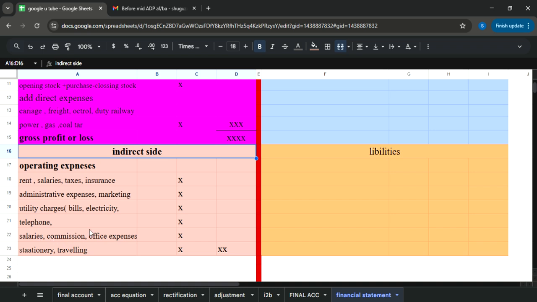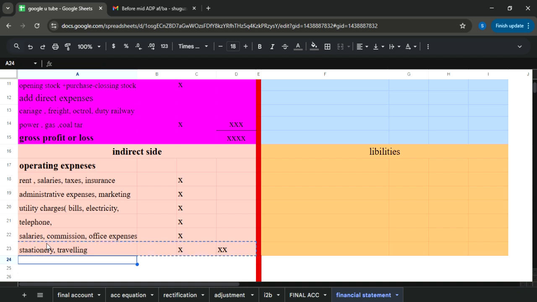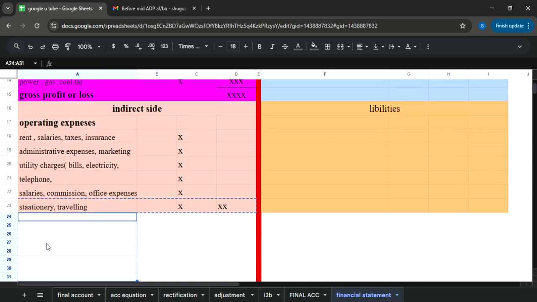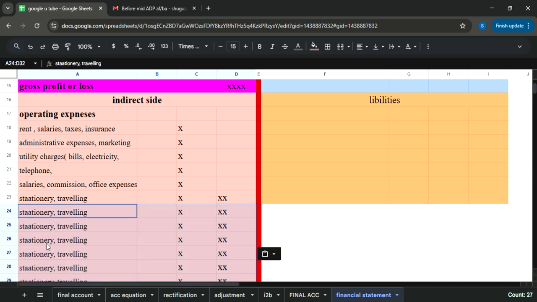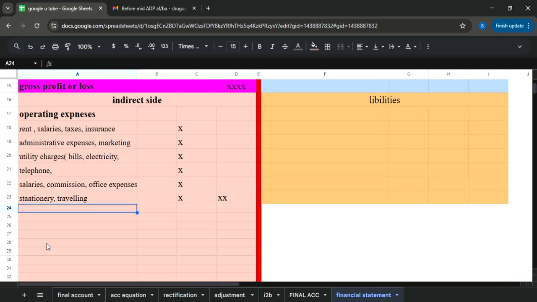Different operating expenses you have written over here, and after that you will write all operating expenses. In this way, all indirect or operating expenses you will write here.